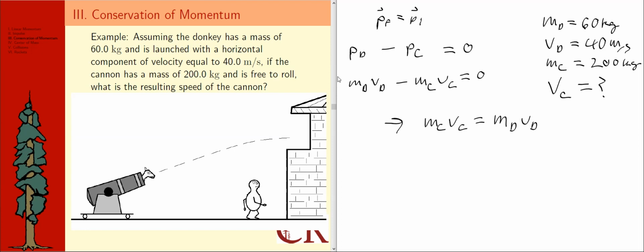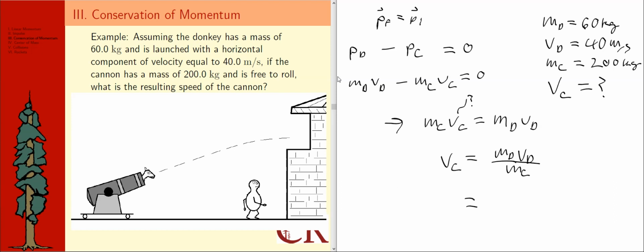And I think it'd be fairly straightforward to isolate the one I'm being asked for, and then plug in the numbers that I know to get an answer. In other words, the velocity of the cannon, the recoil velocity, should be equal to the mass of the donkey times the velocity of the donkey all over the mass of the cannon, and then putting in the numbers.